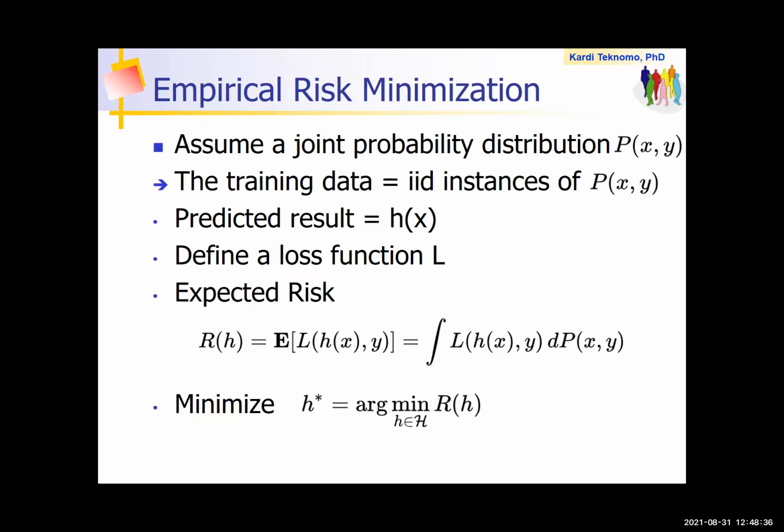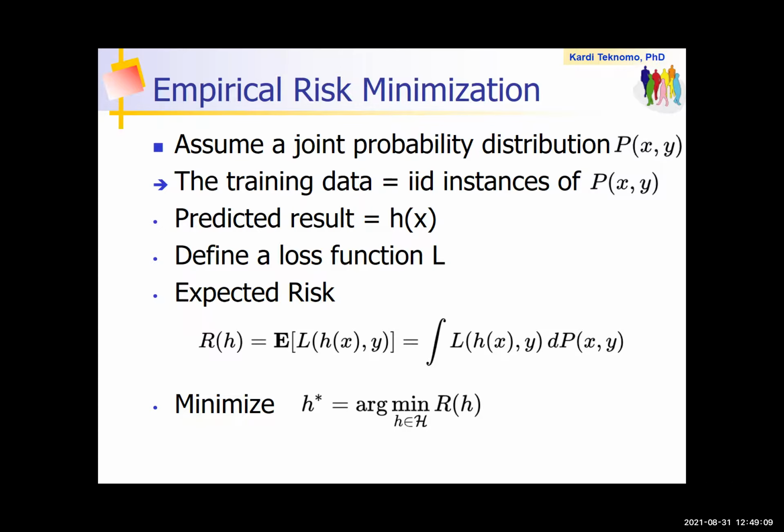Your data is always a sample. A sample of what? A sample of a certain population. What you want to get is actually the joint probability distribution of the population through your training data. Once you get the result, suppose the predicted result is X, then you can define any loss function.